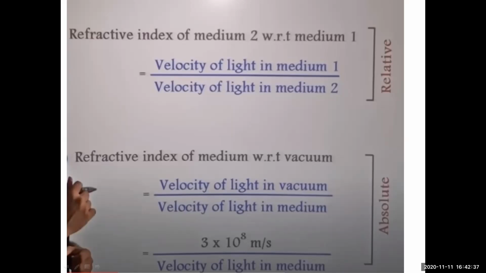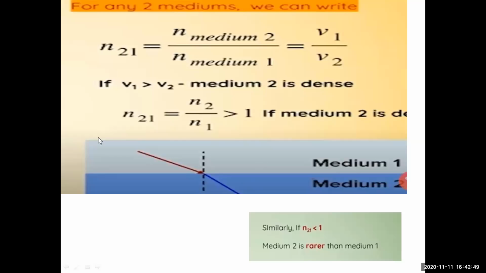Now you came to know the two types of refractive indices here. See here, the relative refractive index is the comparison between the two mediums. Therefore, we have to write it as n_21 equals n medium 2 by n medium 1 equals v1 by v2.